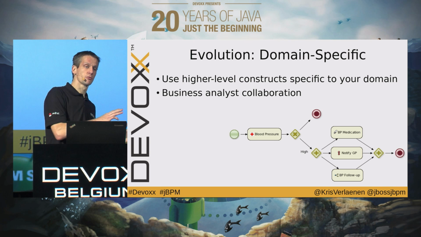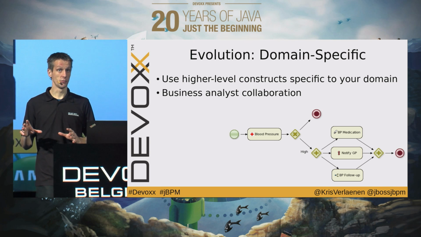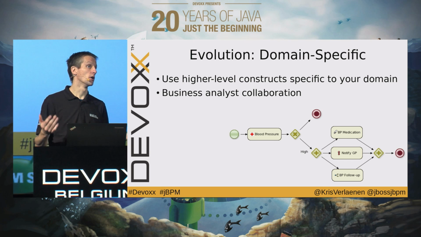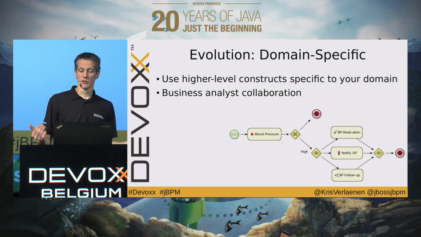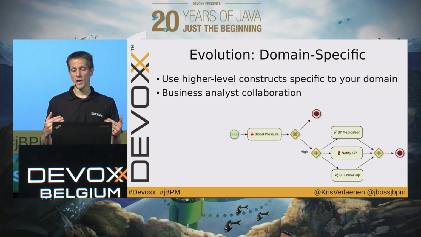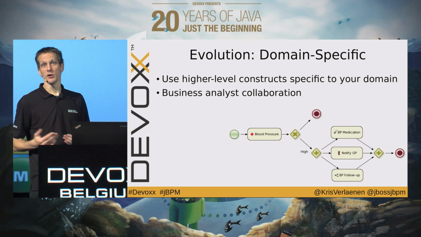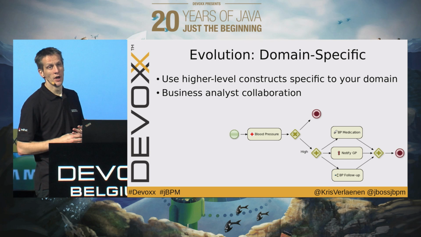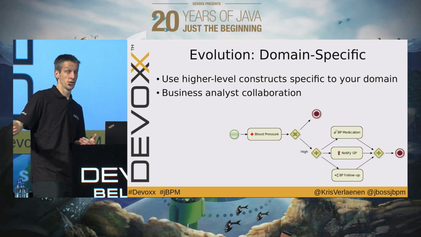But there are also processes that are relevant for other people, for people that might not understand all the lower level technology that you might be using. And by avoiding all these implementation details in your processes and using higher level constructs, you can actually have them participate.